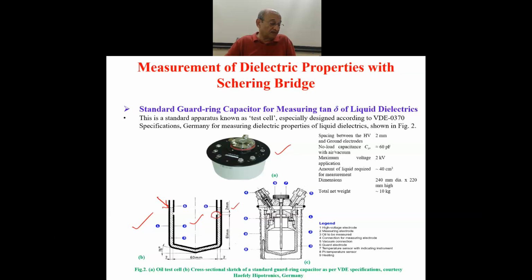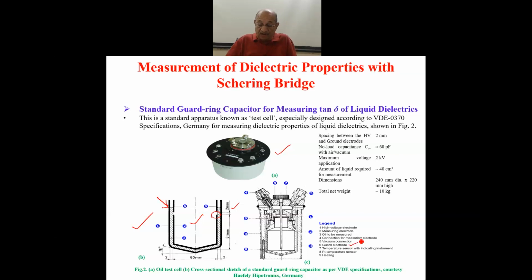This is number 6, as you can see here. This is the guard electrode, as I mentioned.